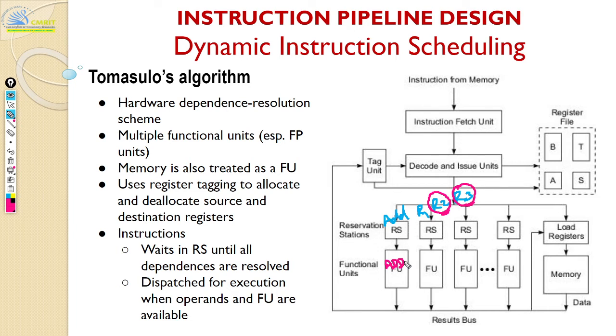As soon as the adder releases its results, the adder becomes free, the reservation station will come to know that the adder is free, and it will start scheduling. So both these conditions should be met. Okay, clear? So that's about Tomasulo's algorithm.